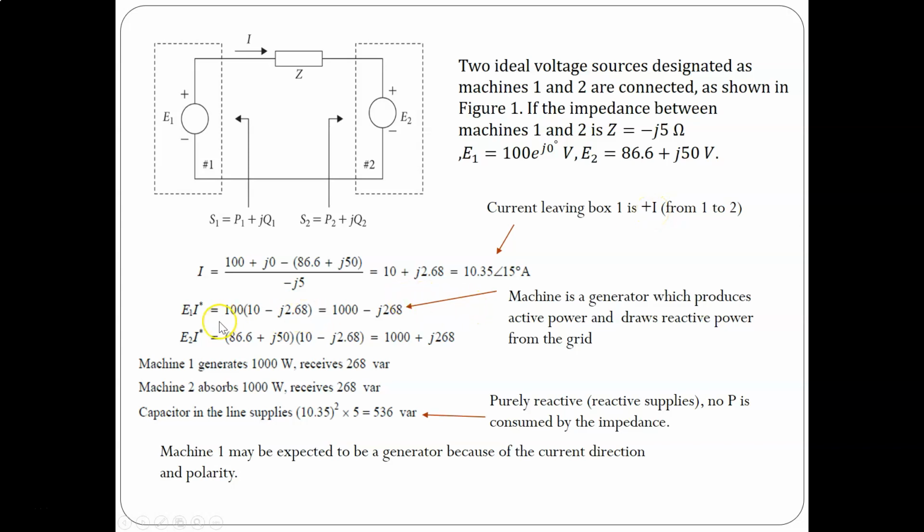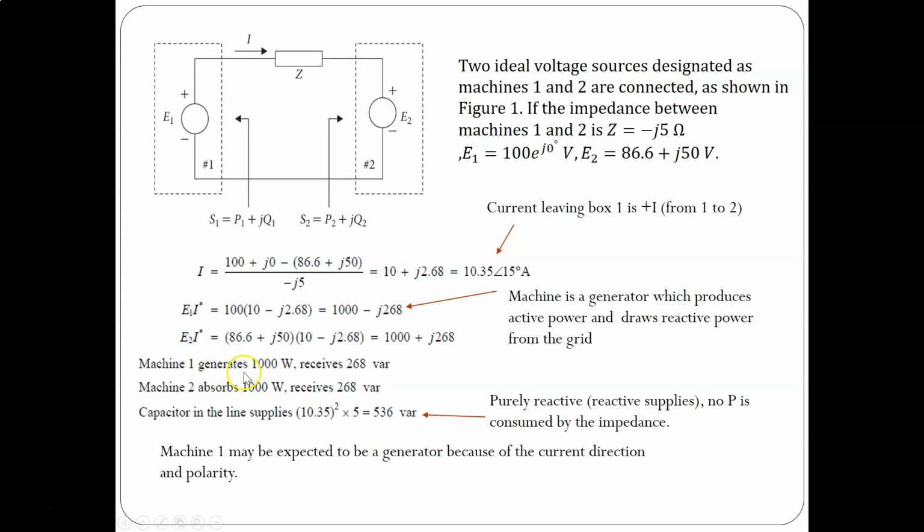To see if the machine is generating or absorbing, we take one voltage source, E1 here, and calculate E1 times the complex conjugate of the current. It comes out like this, and then we have E2 times the complex conjugate of the current here. And this will be the expression. So machine 1 is a generator which produces active power and draws reactive power from the grid.